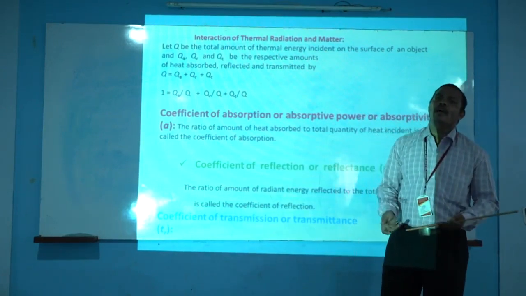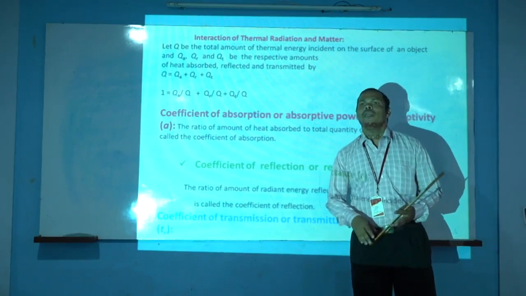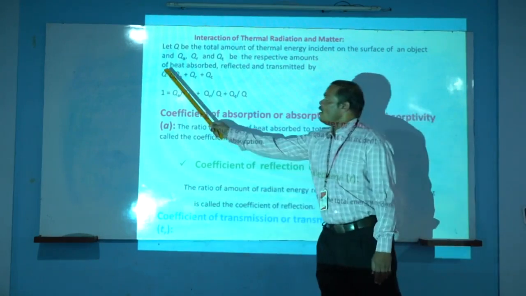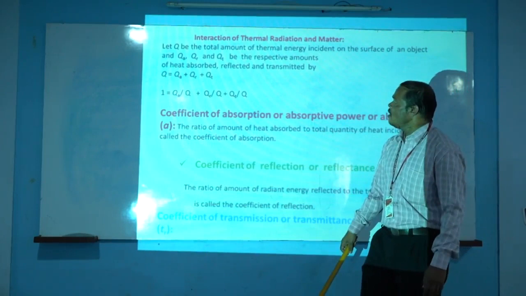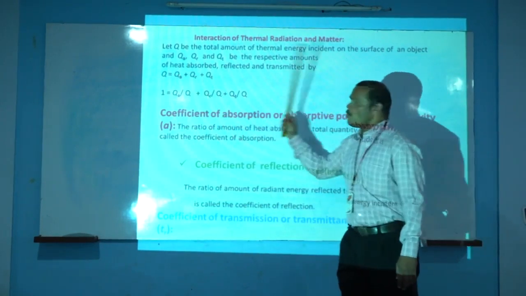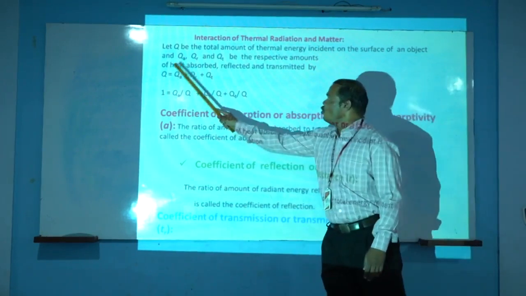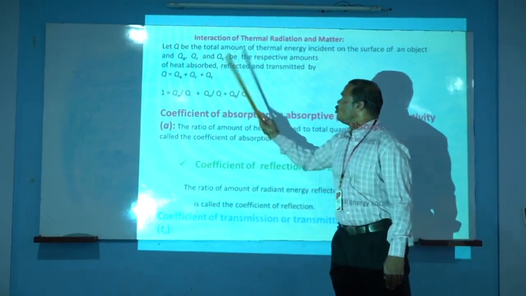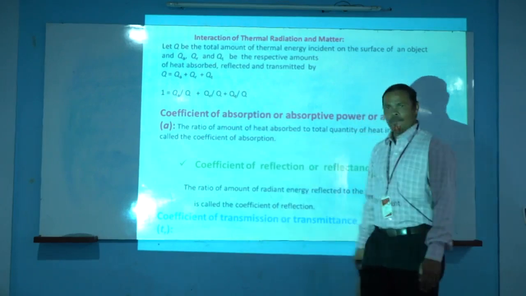Then by using the conservation principle of energy, the total incident heat, or total amount of thermal energy, is equal to the sum of three components, that is Q equals QA plus QR plus QT.